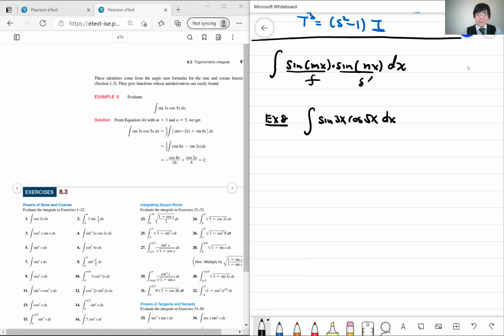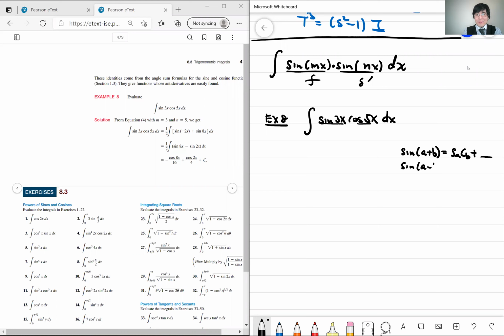So let's use the product to sum formula, which I really don't remember much, so I'll start from the addition formula for sine. Sine A plus B is equal to sine A cosine B plus whatever.